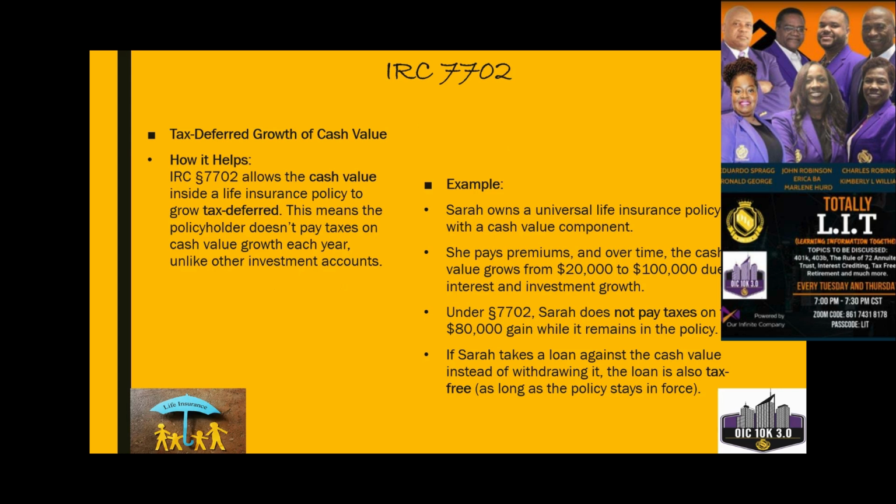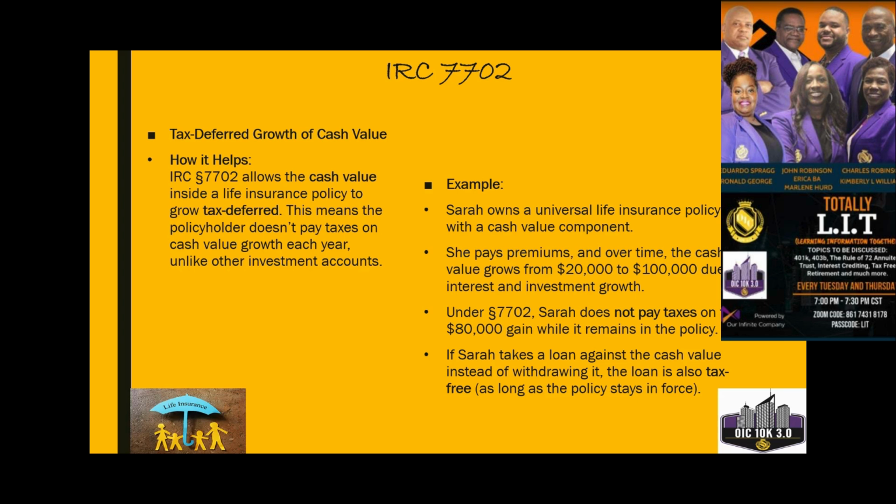An example of that is Sarah owns a universal life insurance policy with a cash value component. As she pays her premiums over time, the cash value grows from 20,000 to 100,000 due to the interest and the investments that are linked with that growth.